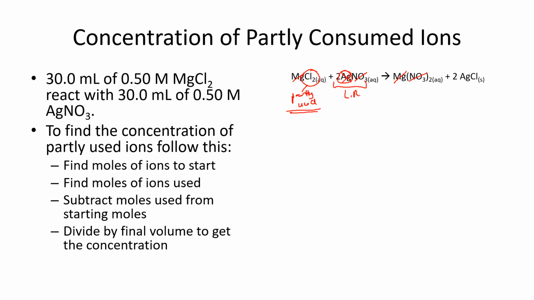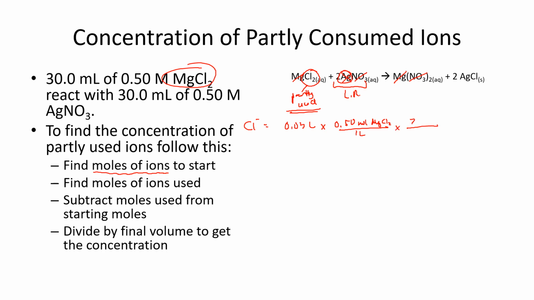So we're going to follow a little process to figure out how much is left over and then what concentration that would be. So first of all, you want to find out how many moles of ions we had to start. So Cl minus to start. And so we see that the chlorine is in here. We've got 0.03 liters. It's 0.50 moles of magnesium chloride for every 1 liter.